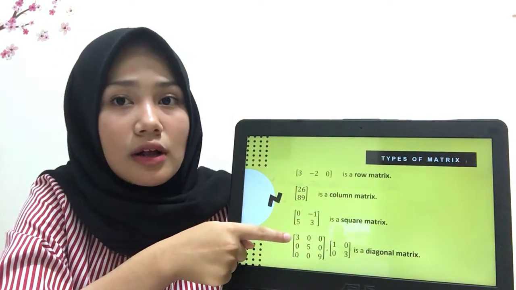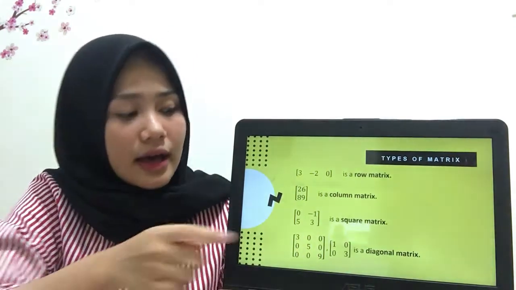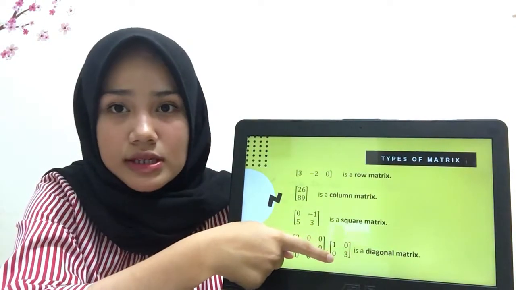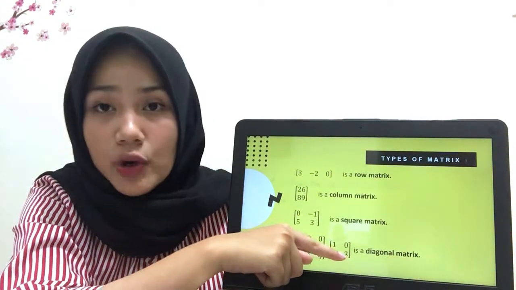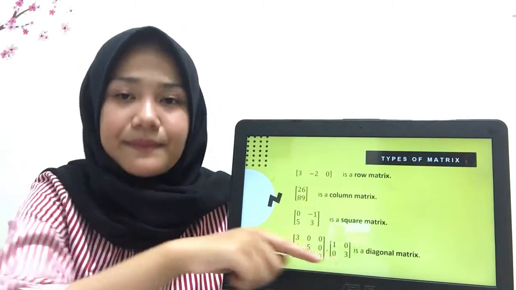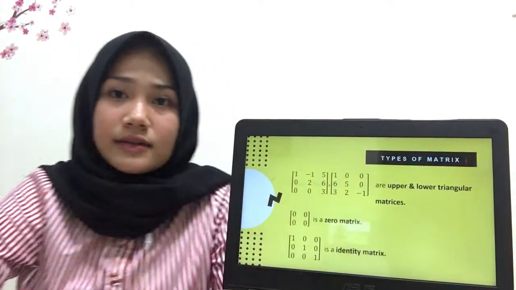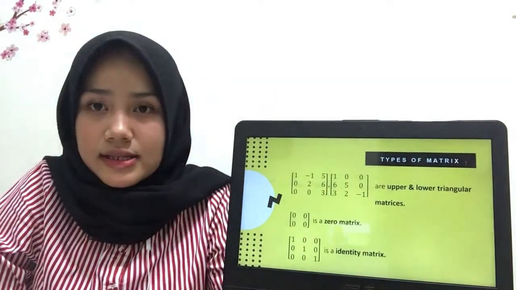The main diagonal of this matrix is 3, 5, and 9. And the other example is this matrix. All elements of this matrix are 0 except the main diagonal. The main diagonal of this matrix is 1 and 3. Next, there are upper and lower triangular matrices.